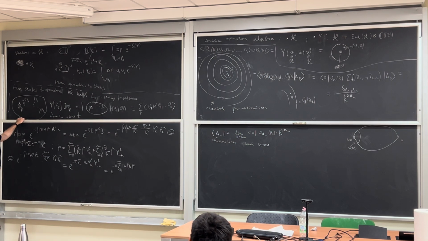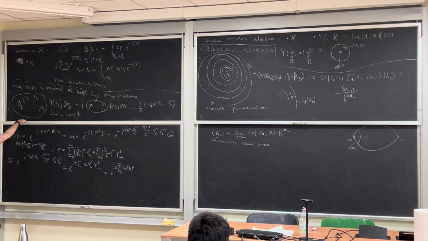Just apply this transformation z to 1 over z, and this is whatever is for the bra. The vacuum is a functional on the boundary values, right?